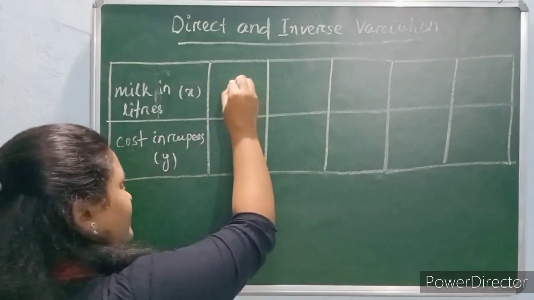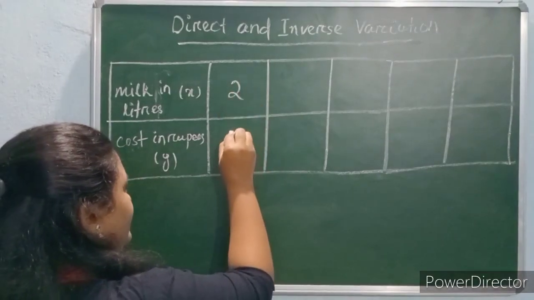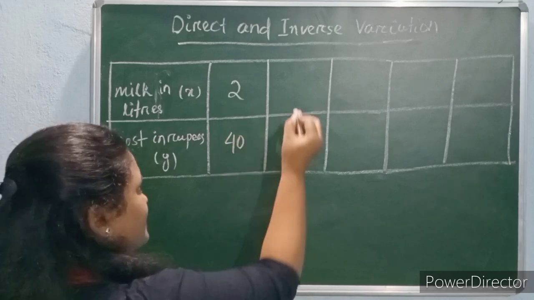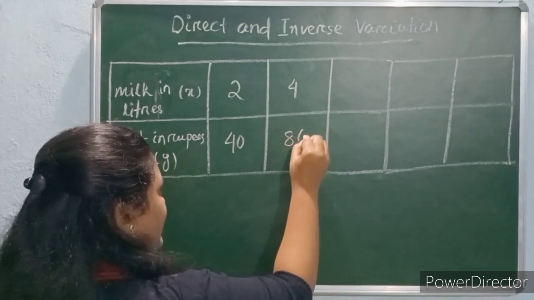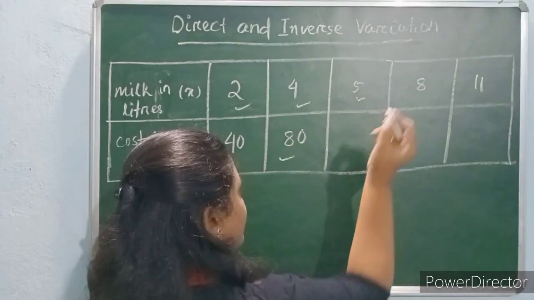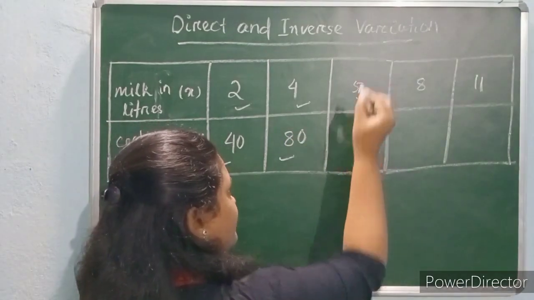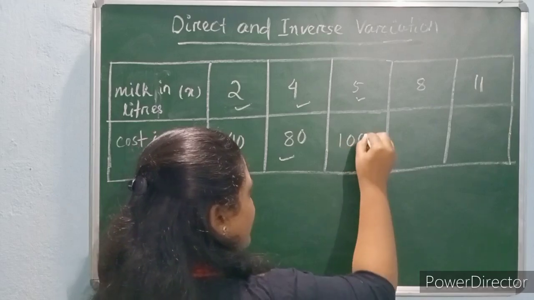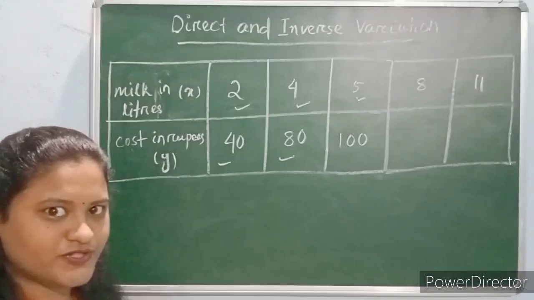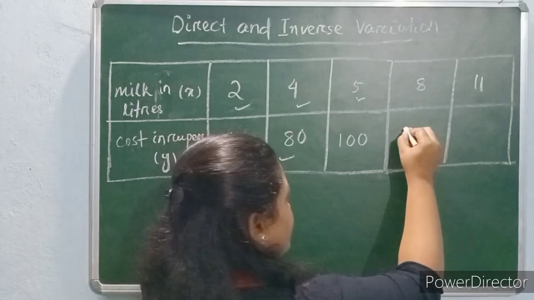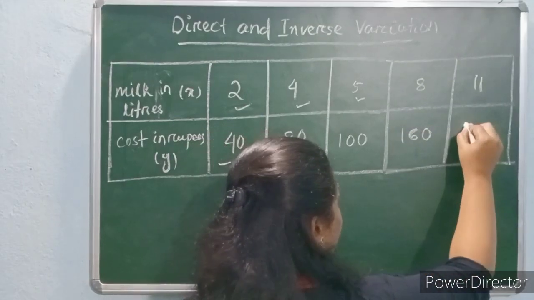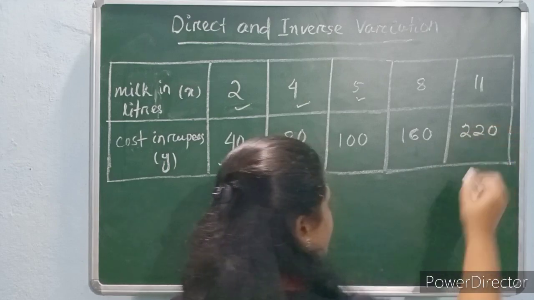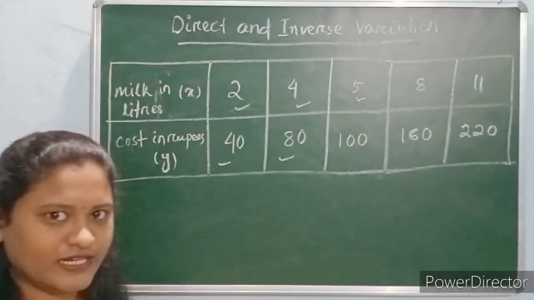First, 2 liters of milk, and the price is 40 rupees, and 4 liters of milk, the price is 80 rupees. If we have 5 liters of milk, then we have to pay 100 rupees. Similarly, for 8 liters of milk, we have to pay 160 rupees, and for 11 liters, 220 rupees. It is easy.